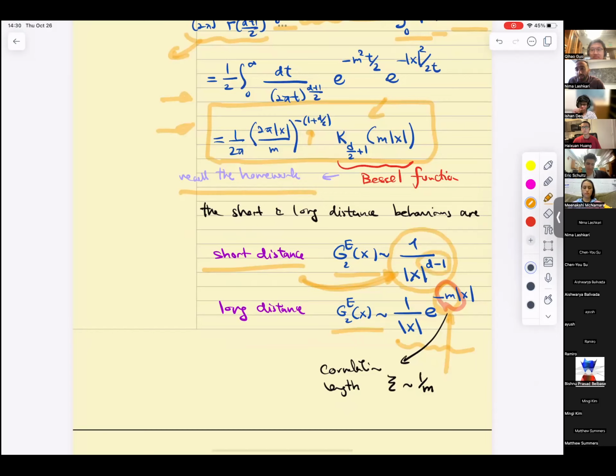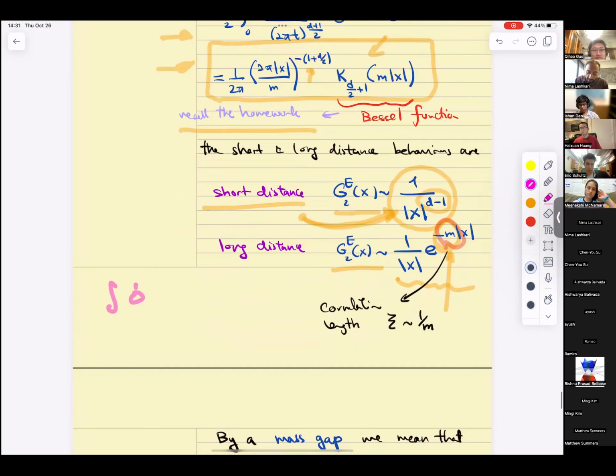This power is fixed by dimension counting. That theory is scale invariant. The 2-point function of that is fixed by scaling arguments, just dimensional analysis. I can do it on the fly for you if you want. So it's phi del mu phi. This whole thing has to have dimension d+1, sorry, we're in d+1 space-time dimensions.